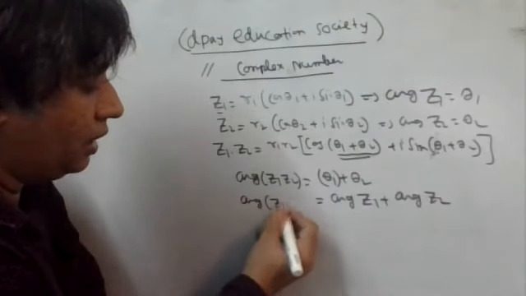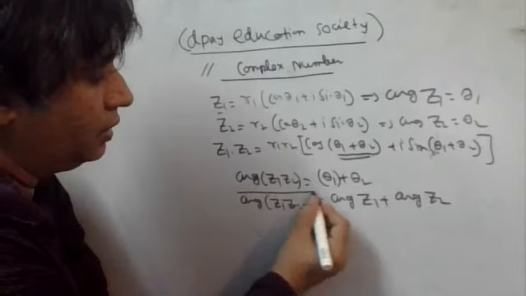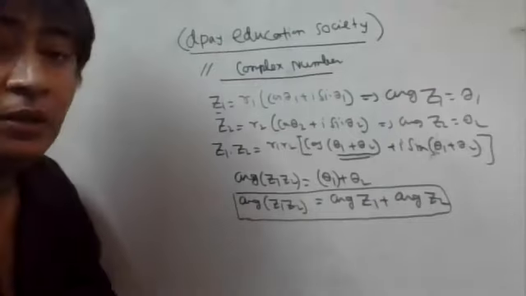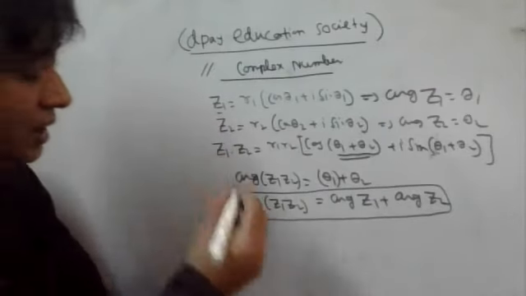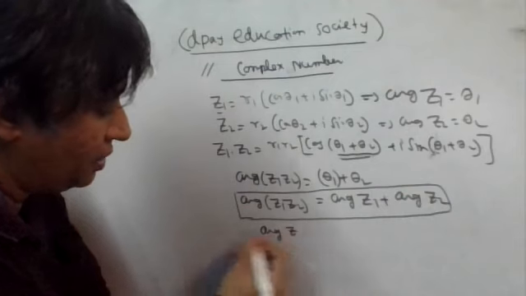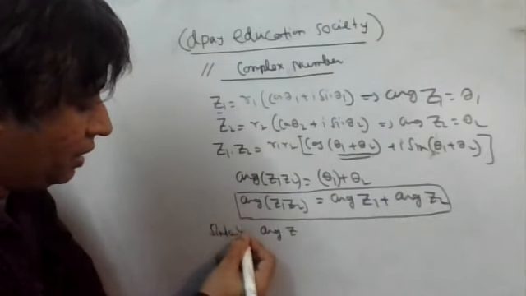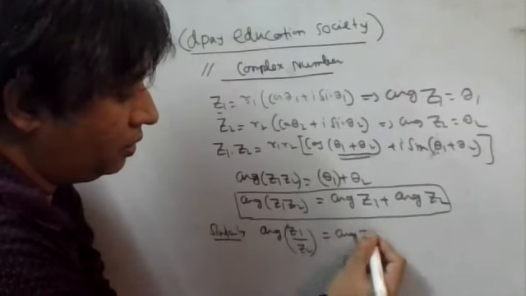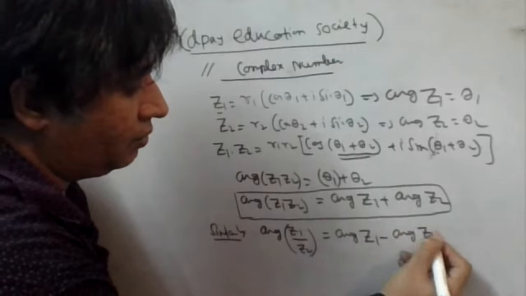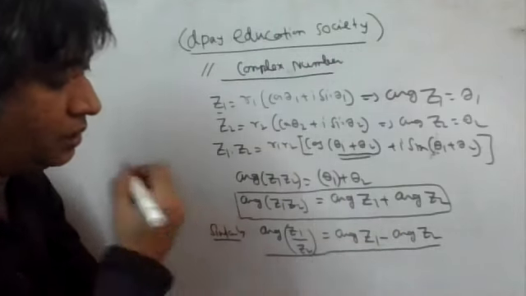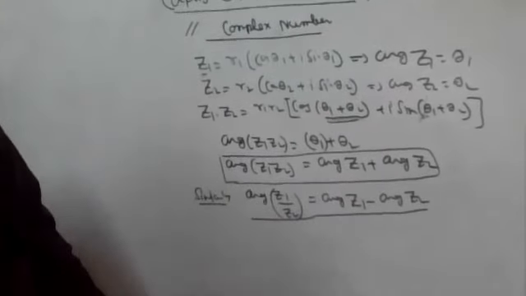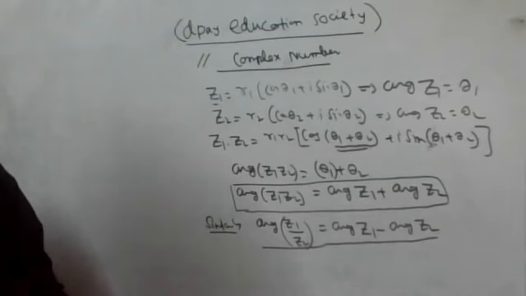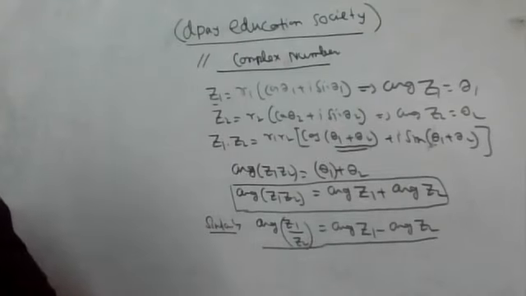So you have got arg(Z1Z2) = arg(Z1) + arg(Z2). Similarly, arg(Z1/Z2) = arg(Z1) - arg(Z2). These are two important properties. Please note them down. Hope you understood.